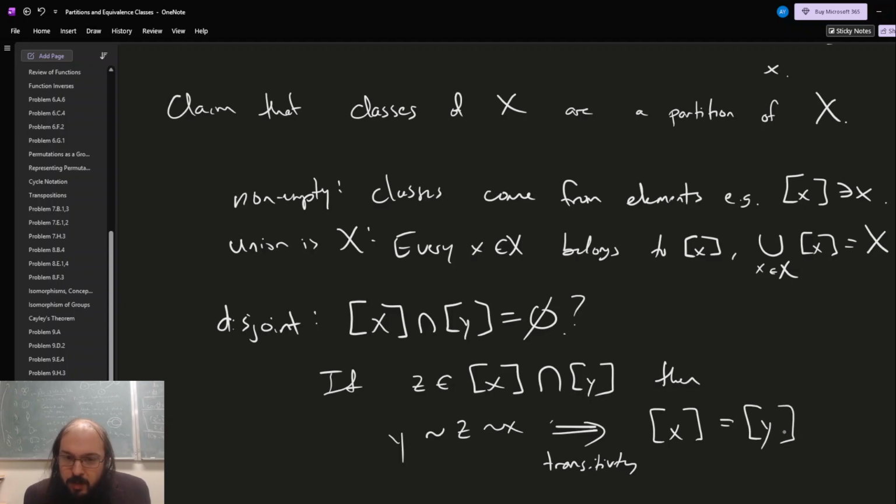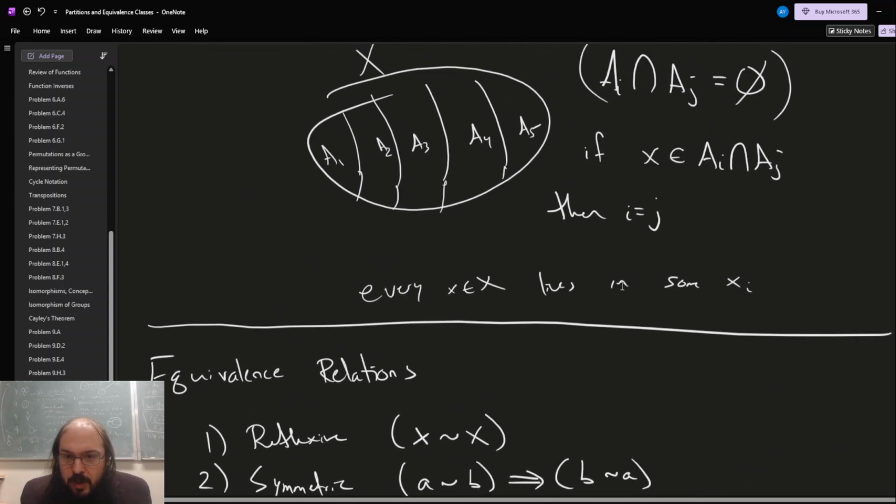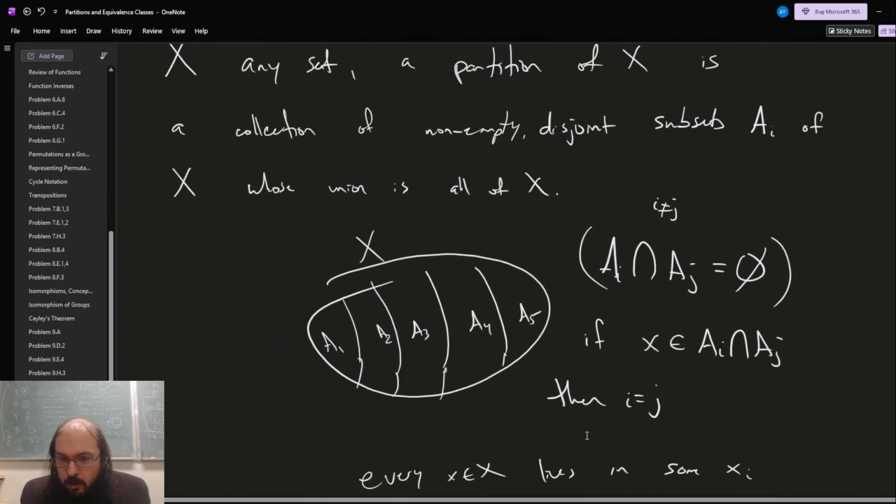Because they're equivalent. And so, in other words, if there's something in between them, they're equal. And otherwise, there's nothing in there. And so this gives the definition of disjoint that I had up on the board up here, right? If there's something in the intersection, then they're the same. Otherwise, there's nothing in the intersection.